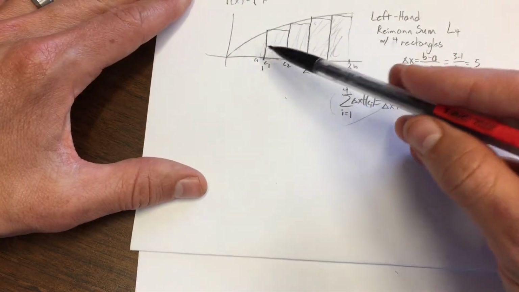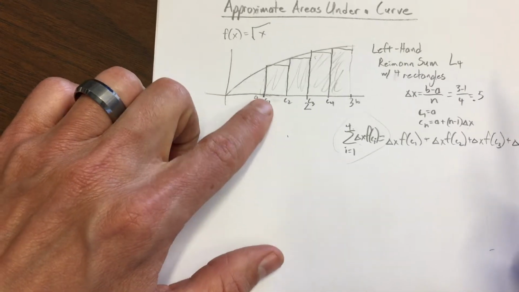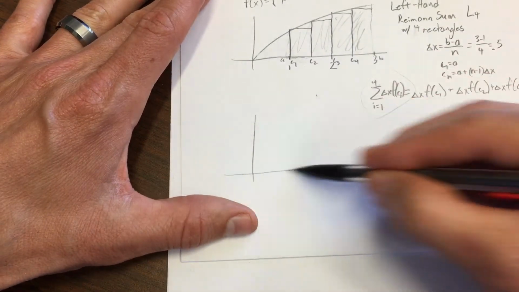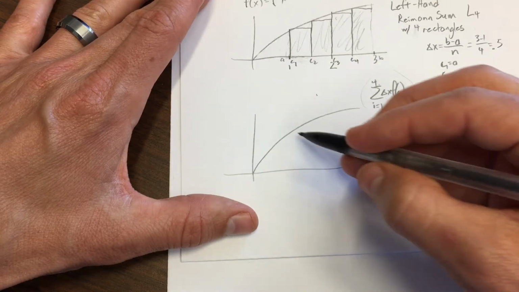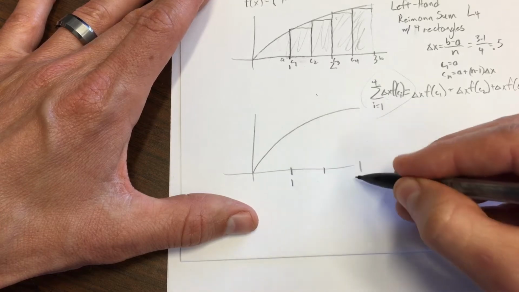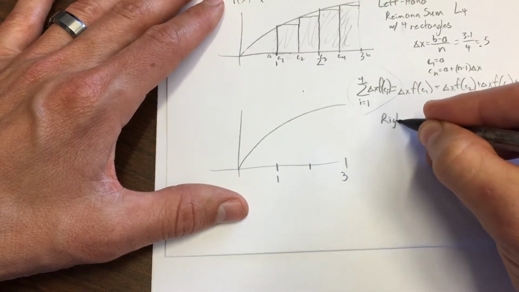Well, notice if the function is increasing, this left-handed sum is going to be an underestimate. Well, could you get an overestimate? Absolutely. How would you do that? Well, one nice way would be to go from 1 to 3 with what we call a right-handed Riemann sum.